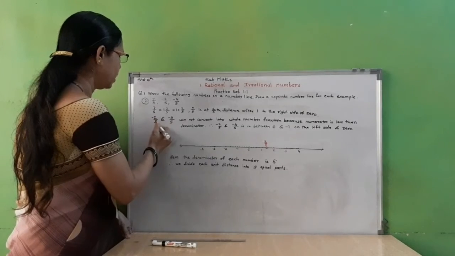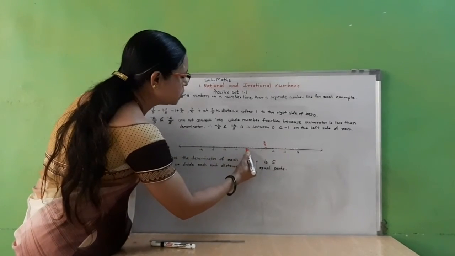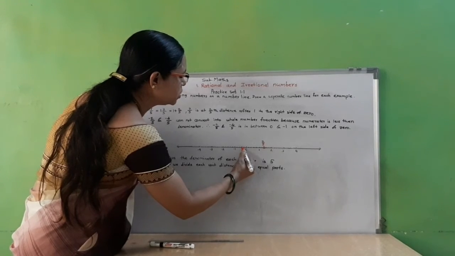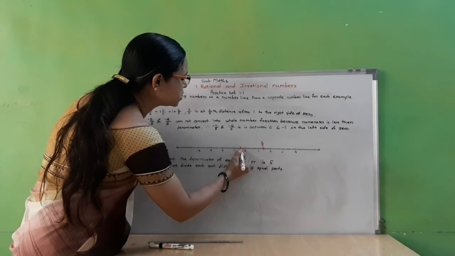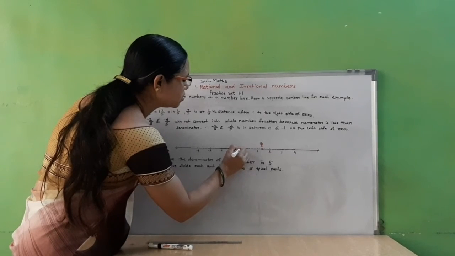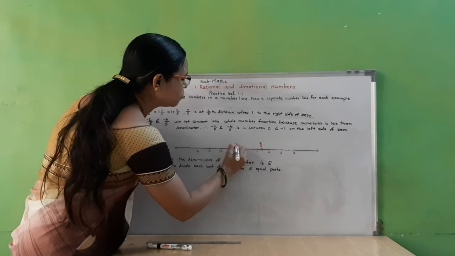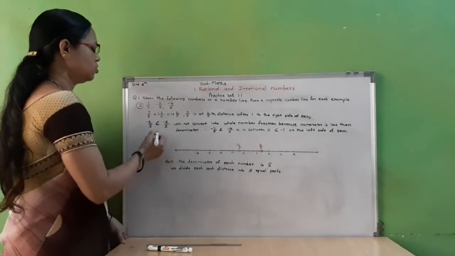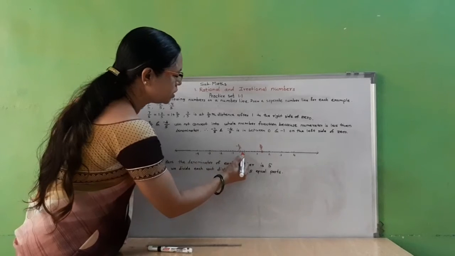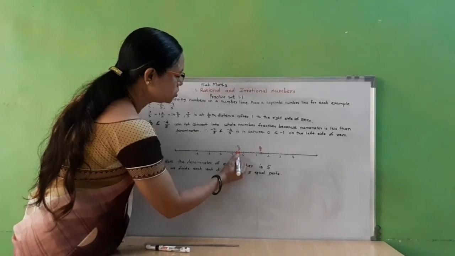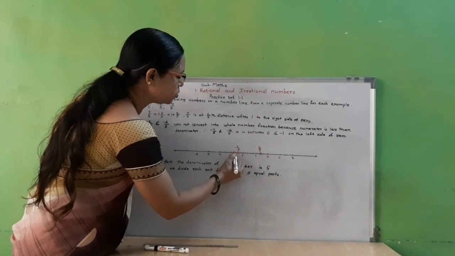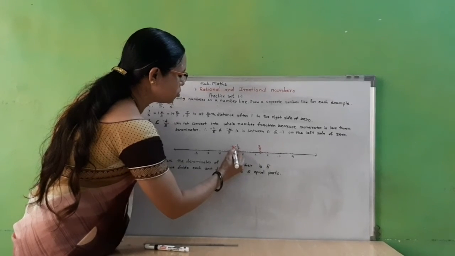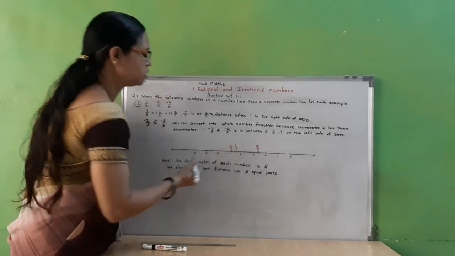Plot minus 2 by 5, 1 and here 2. Therefore, here is minus 2 by 5, and to show minus 4 by 5, 1, 2, 3 and here is 4. Here minus 4 by 5.